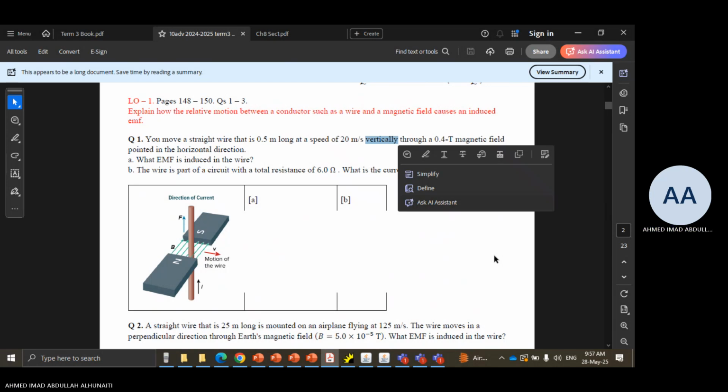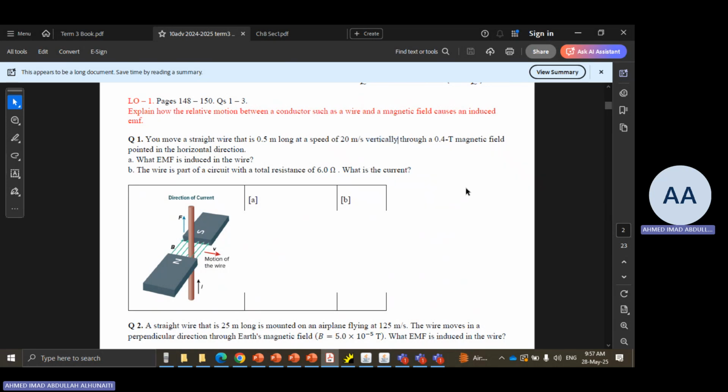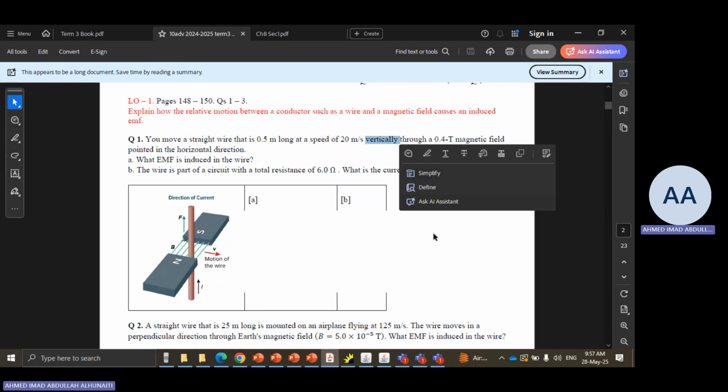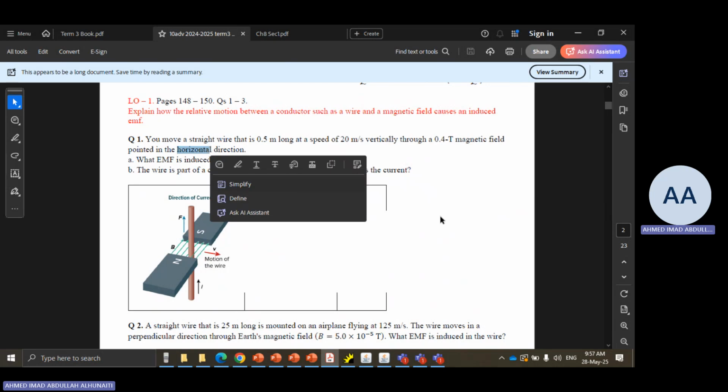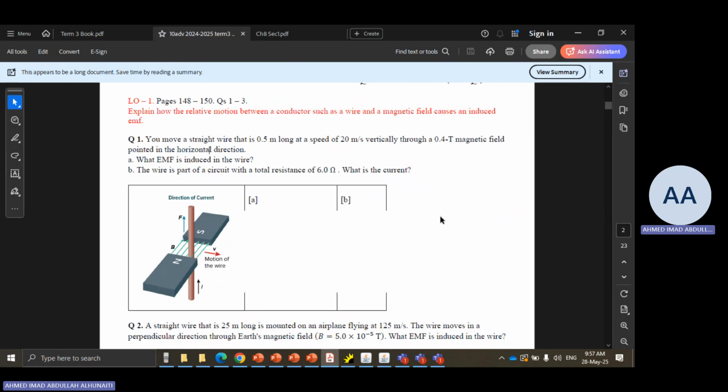So we can use, for example, the axis XYZ to help solve this question. So vertically would be the motion is in the Y direction and the magnetic field is in the X direction. So the angle between the X and the Y, excuse me, the angle is 90 degrees. They are perpendicular to each other.